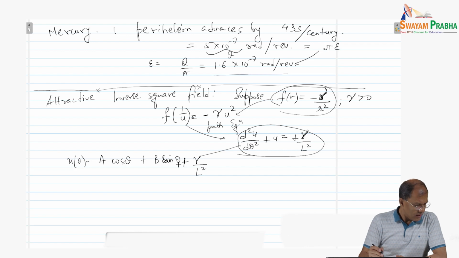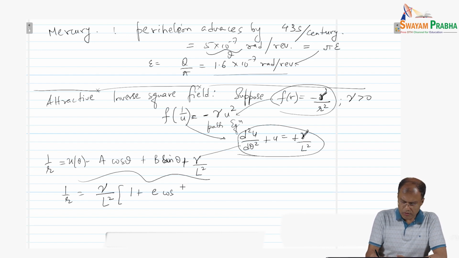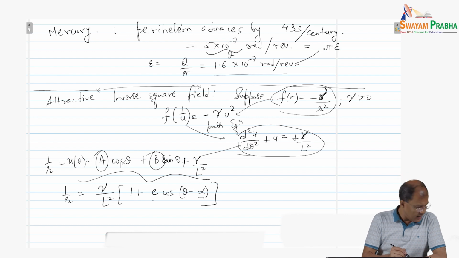And I can write this path equation, remember u is 1 over r, as 1 over r equals gamma by L square times 1 plus e cos of theta minus alpha. I can find e and alpha in terms of these constants a and b, right?